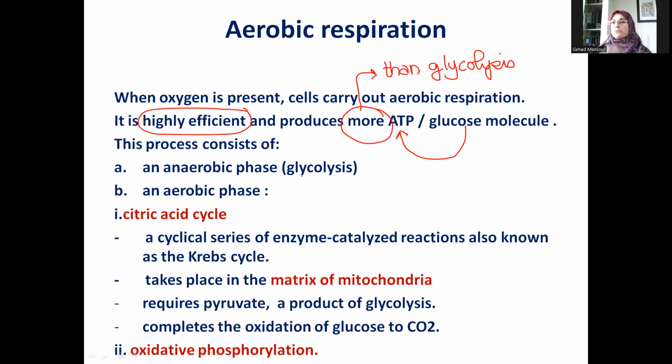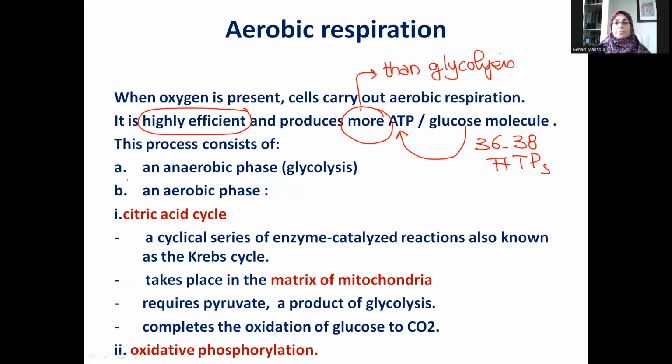Because we will see that in fermentation, for example, we produce only two ATPs through glycolysis. Whereas in aerobic cellular respiration, it depends upon the type of organism. We produce between 36 to 38 ATP molecules.